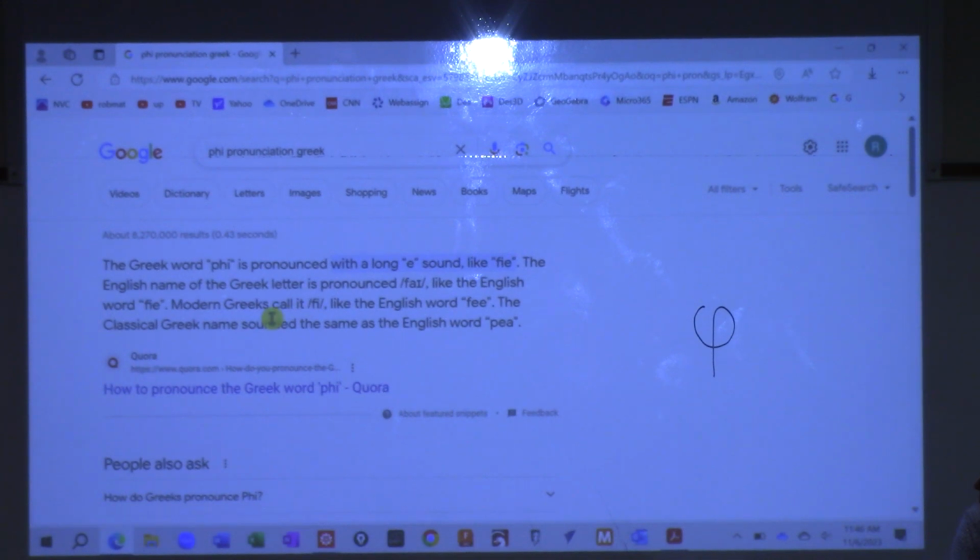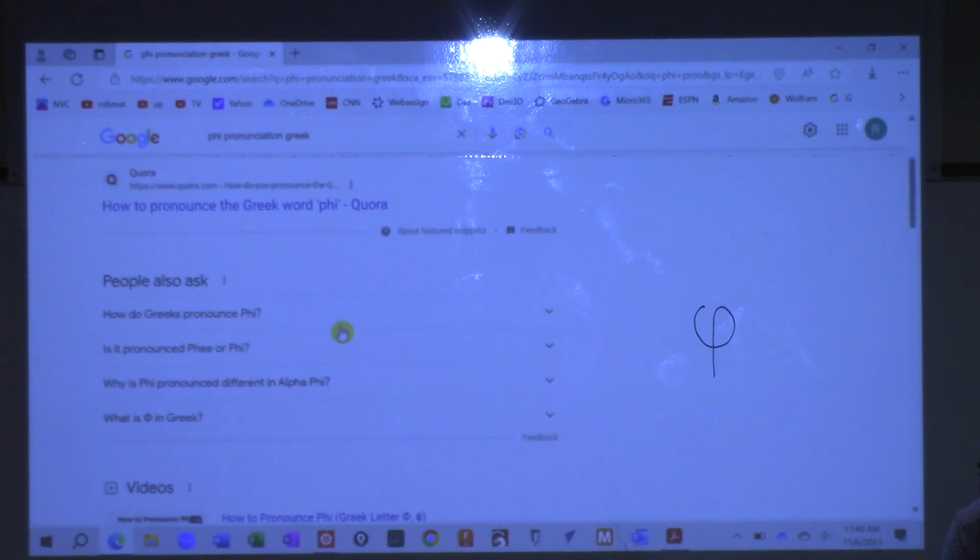Okay, the Greek word phi is pronounced with a long E sound, like phi. The English name, Greek, blah, blah, blah, right? But I hear it both ways. In my mathematical studies, I had professors who would call it phi and other ones that would call it phi. So I just kind of mix it up. Sometimes I say phi, sometimes I say phi, fee-fi-fo-fum, right?